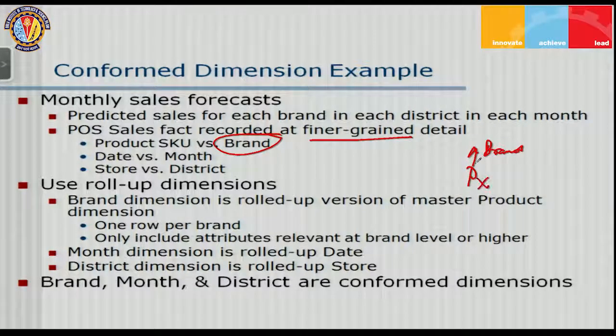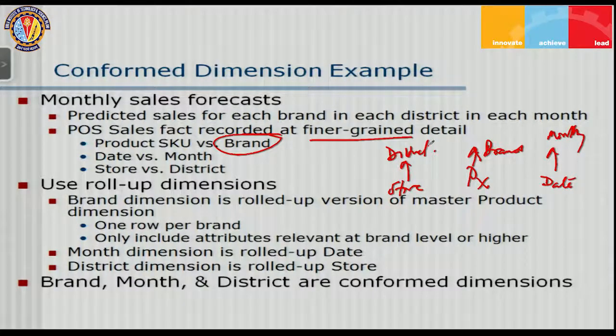I don't want to work at the product level, I want to work at the brand level. Similarly, in the time dimension, I don't want to work at the daily granularity, I want to work at monthly granularity. And similarly, I don't want to work at the store level, I want to combine all stores in a particular district and do an analysis with respect to the district. So we use roll-up dimensions, which is one of the types of conformed dimensions.